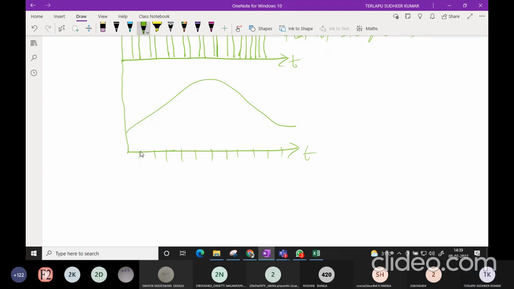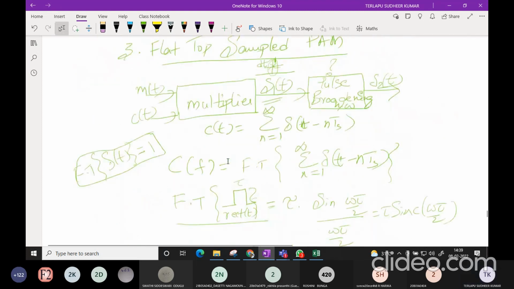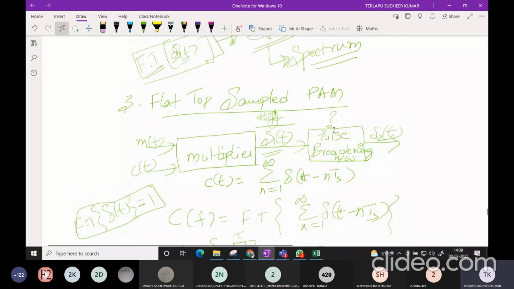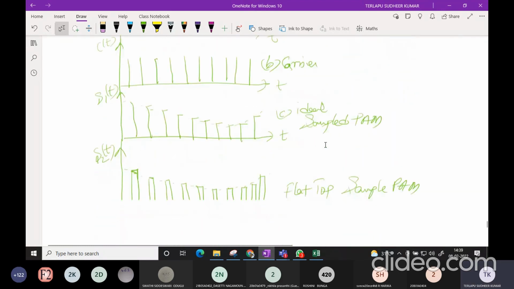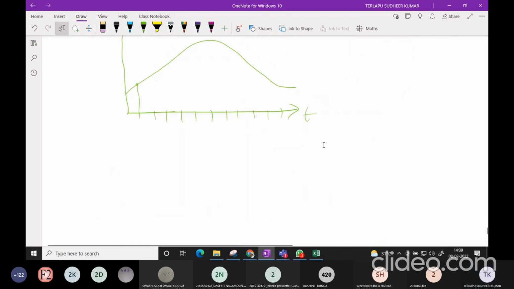Now, in ideal sampling, I am taking this value. When I pass it through the pulse broadening network, my ideal sampled signal pulse width is now increased like this.